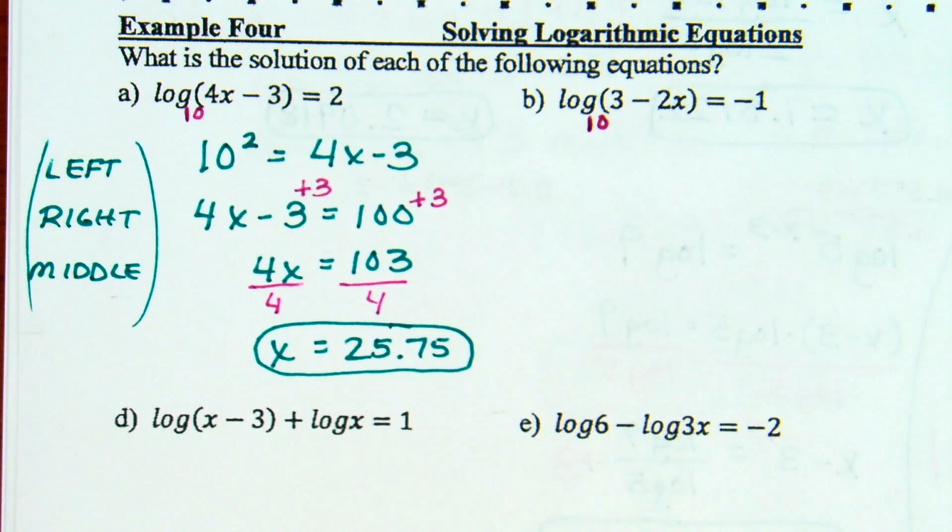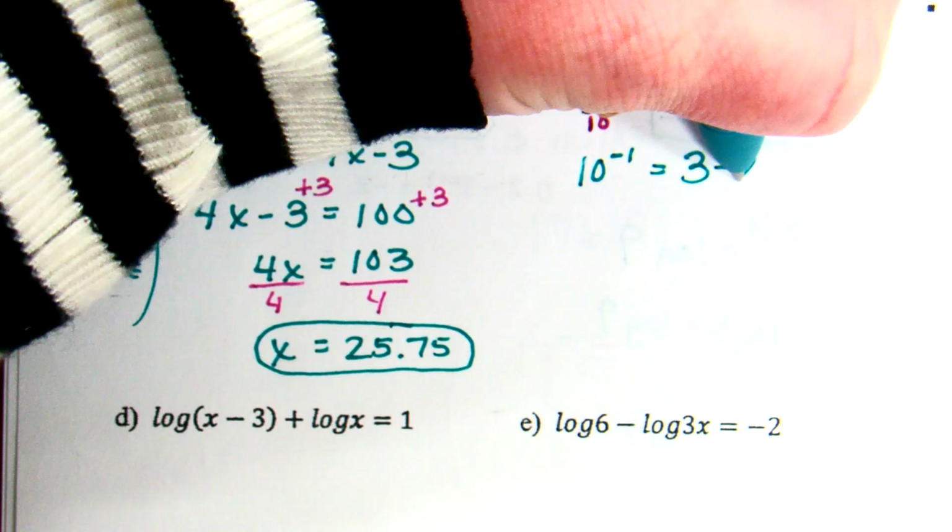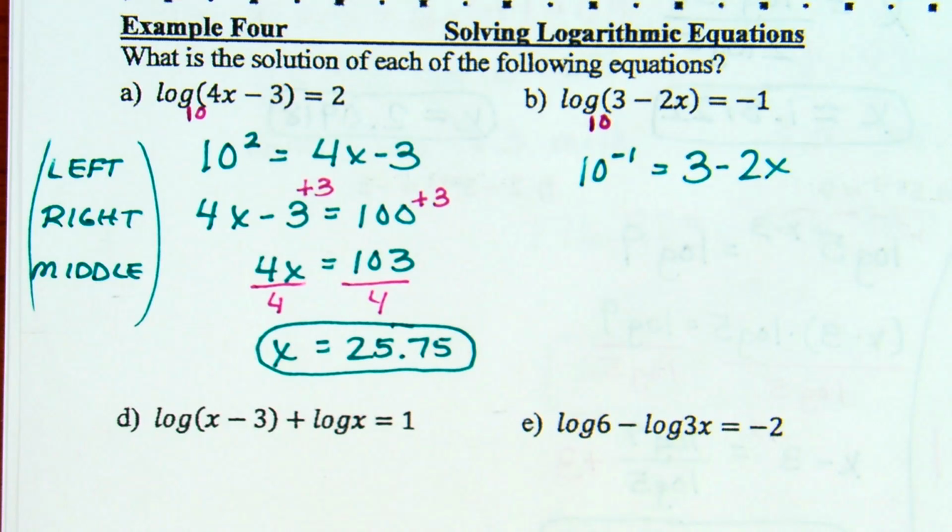Okay, how do I write this out? Left, right, middle. 10 to the negative first equals 3 minus 2x.